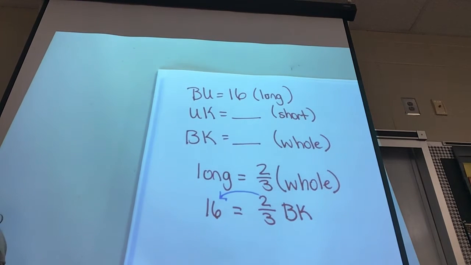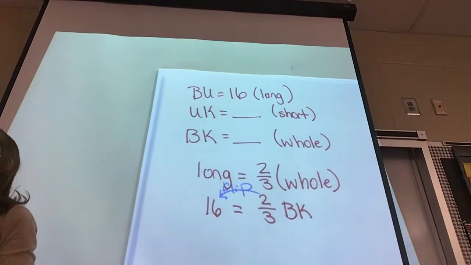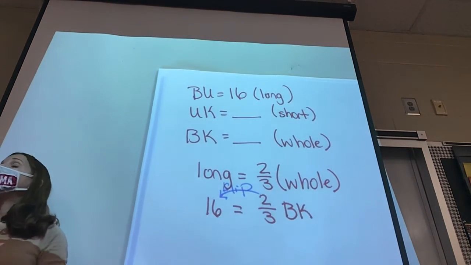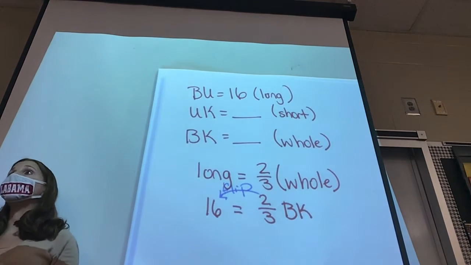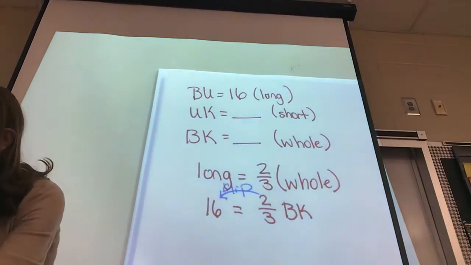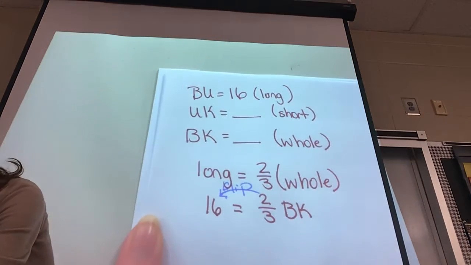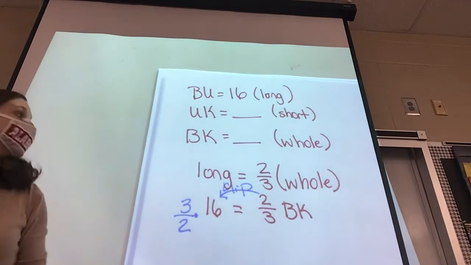It's a fraction. Opposite, right? No. I need to flip it. I need to flip this upside down and put it on the other side. Now I will have something like what I had before. So, it's not 16 times 2/3, it's now 16 times what? 3/2.